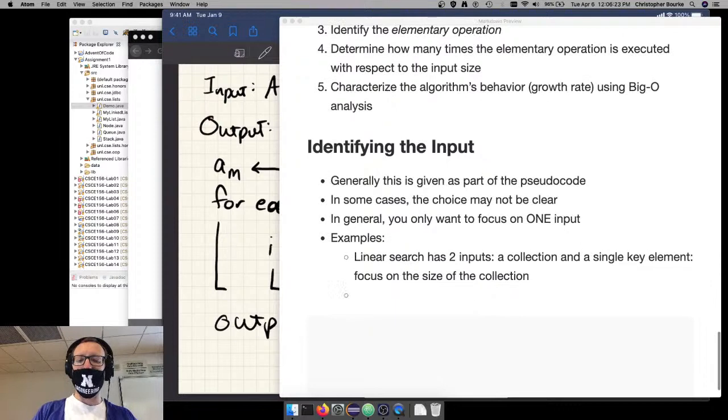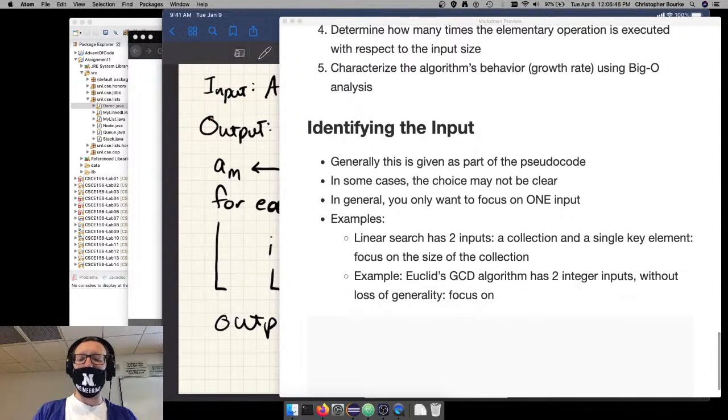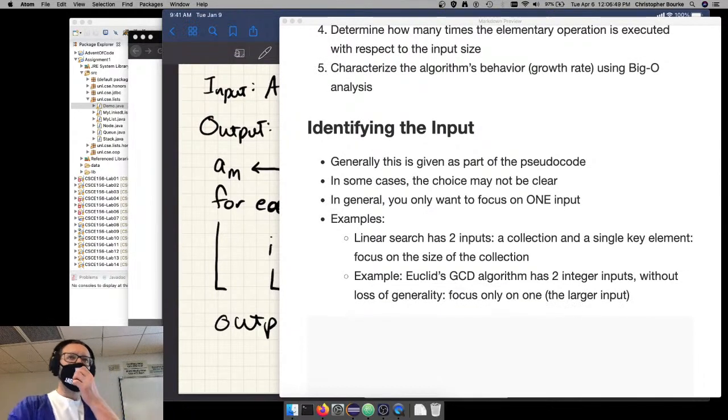Another example, Euclid's GCD algorithm has 2 integer inputs. So, without loss of generality, which is what we usually do in math, focus only on one, the larger input. So if you've got 52 and 60, well, my input is going to be 60, the larger one.